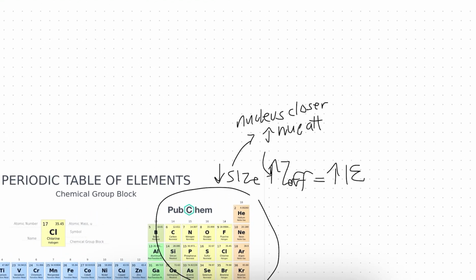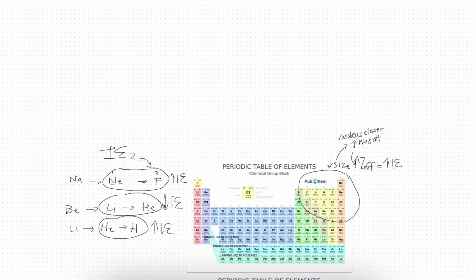So to summarize, if you have a small atom, your nucleus is going to have a stronger pull on the electrons, which increases Z effective, and also increases the amount of energy needed to remove that electron, which is being tightly held. So that's a statement you're going to make.